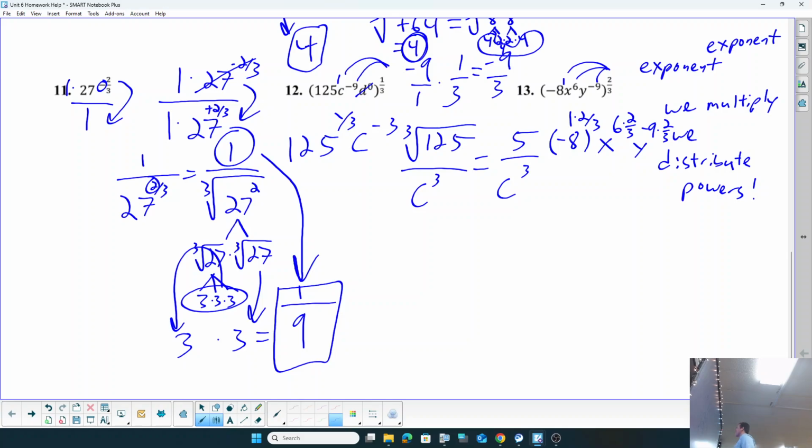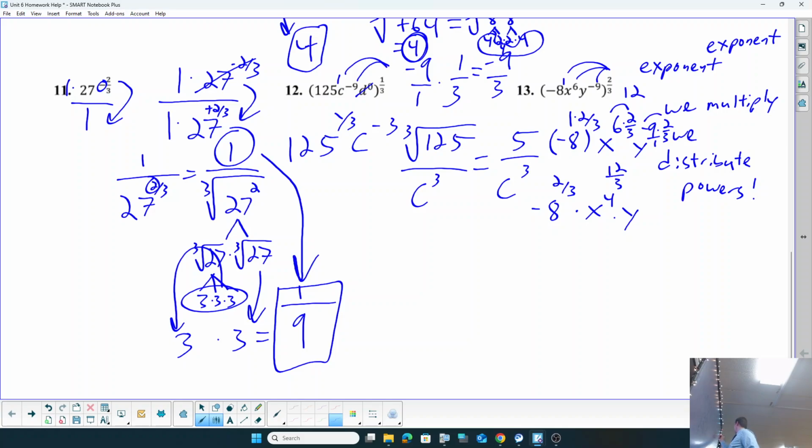Okay, so last but not least, we have -8. 1 times 2/3 is 2/3. Good. And then we've got times x, so 6 times 2 is 12, and 12 divided by 3 is 4. And then y to the, that's -9/1.